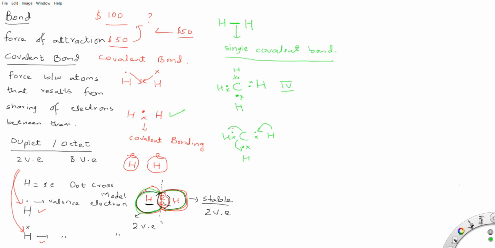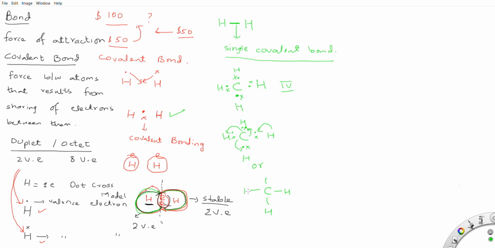Same goes here. If they are sharing four different pairs of electrons, this carbon can have eight valence electrons, and this leads to stability. This can also be represented just by C, with H here, H here.